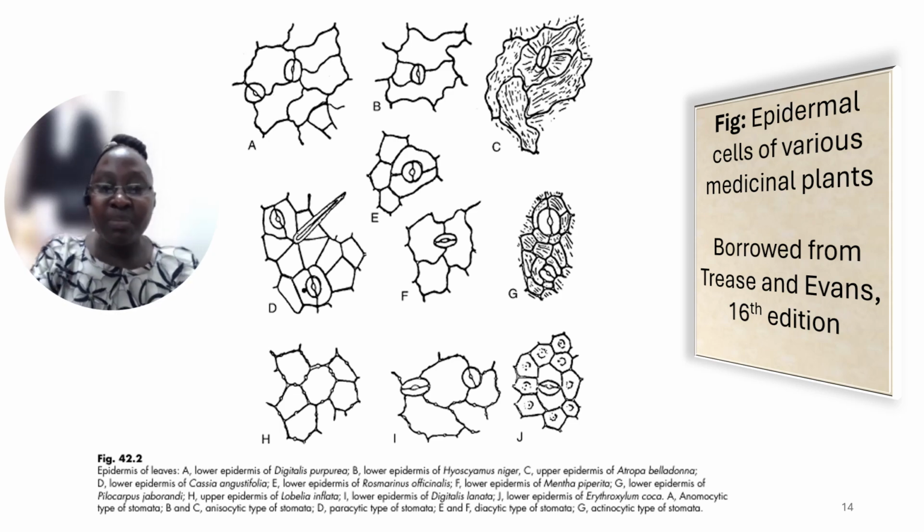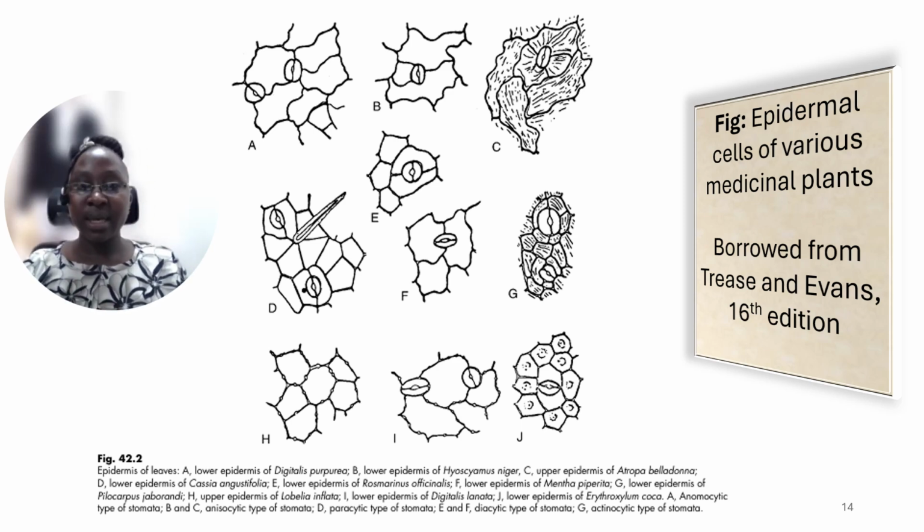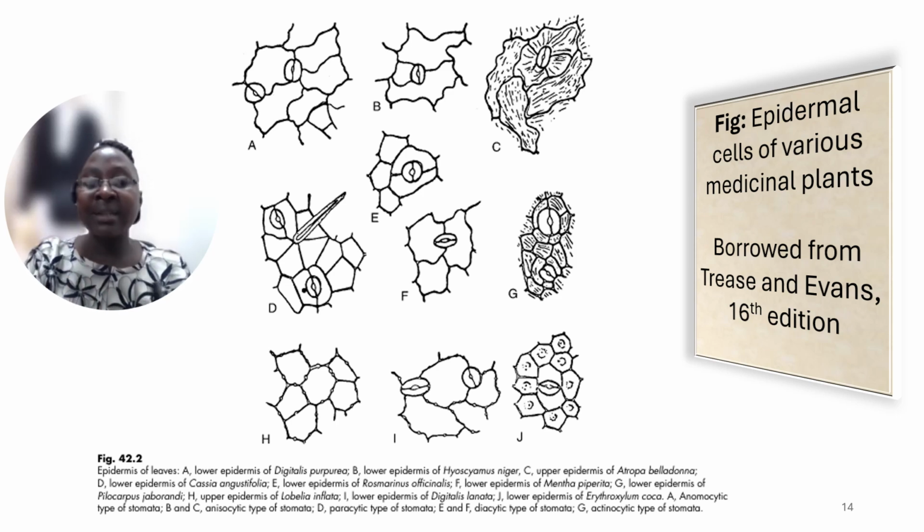These are epidermal cells in various medicinal plants. We cannot discuss epidermal cells without discussing the trichomes and stomata, because they appear together. The trichomes and stomata are within the epidermal cells.